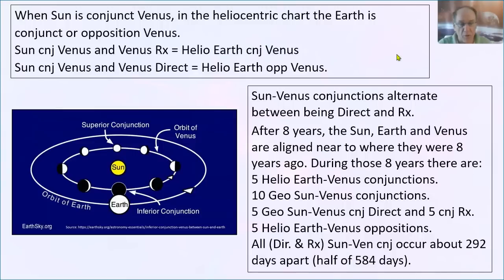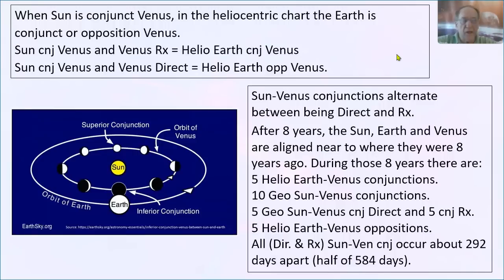So this polarity can be looked at as a heliocentric conjunction and opposition, identical in time, within minutes usually, of occurring at the same time as the Sun conjunct Venus geocentrically, like we do in astrology, where one is retrograde and one is direct.